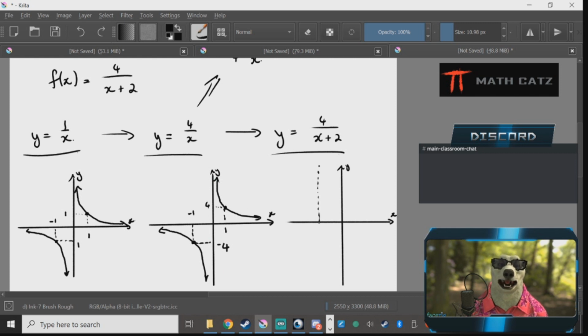We'll put it over here and now it sits at negative 2. My shape is still the same. I try and ignore the y-axis when I draw the shape because, for reference purposes, my center line is now this vertical asymptote.